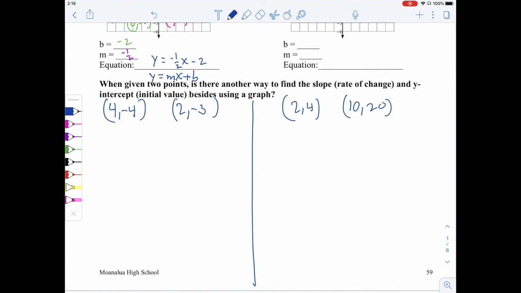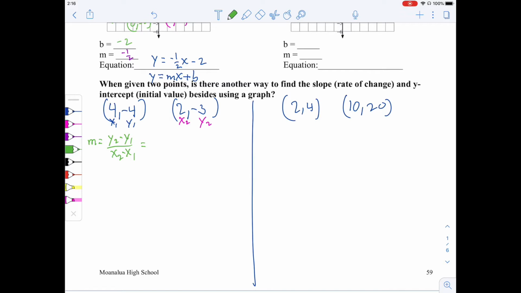So given 2 points, we always have x1, y1, x2, y2, right? And from that, we can find our slope. Our slope is given by y2 minus y1 over x2 minus x1.